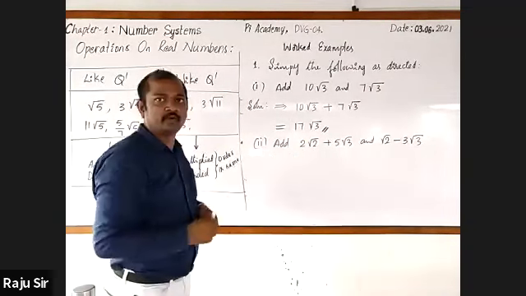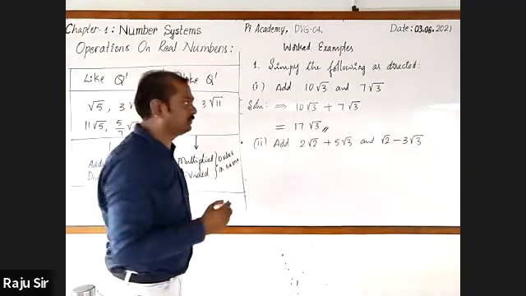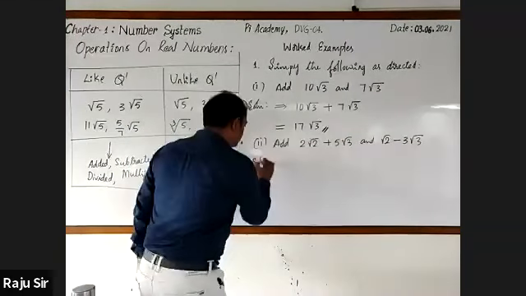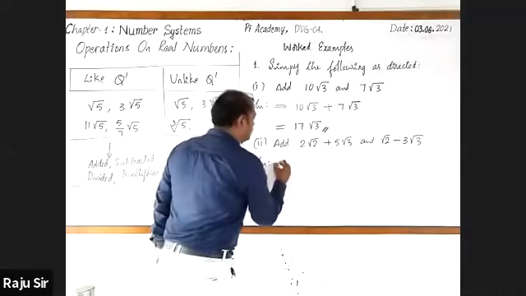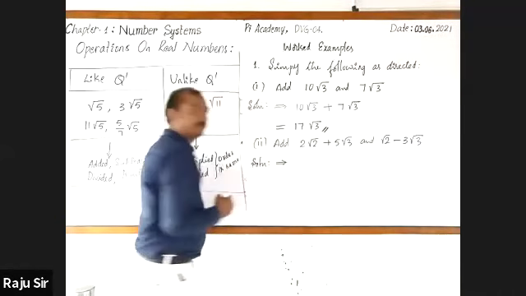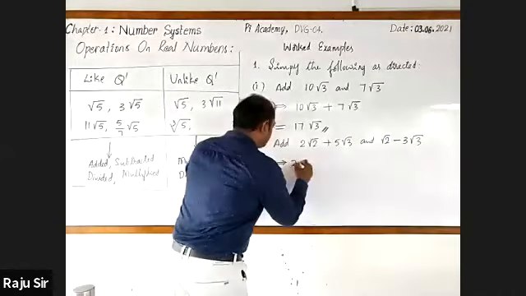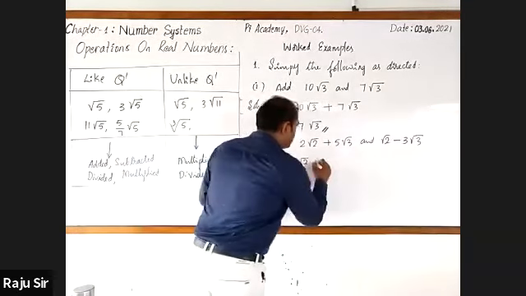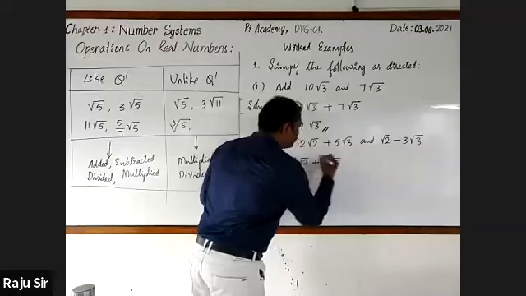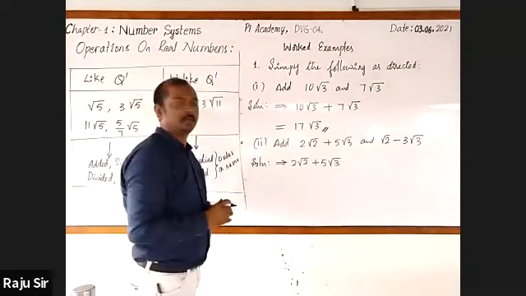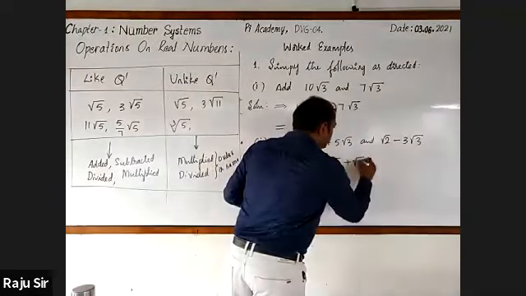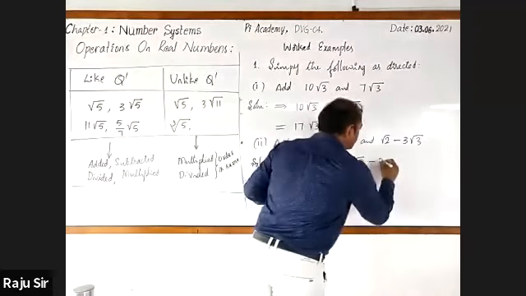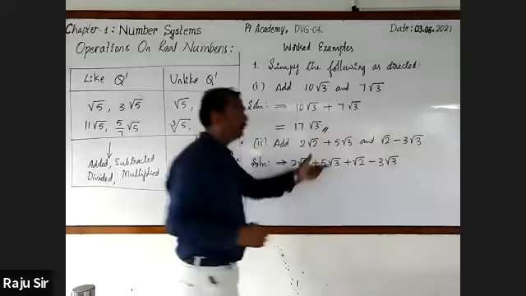Now let us go for adding them. Please write with me. Solution: implies 2 into root 2 plus 5 into root 3 plus root 2 plus, minus 3 into root 3.